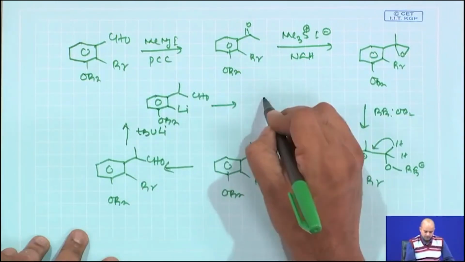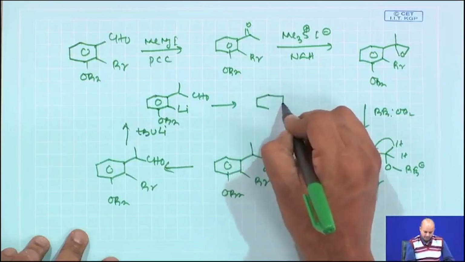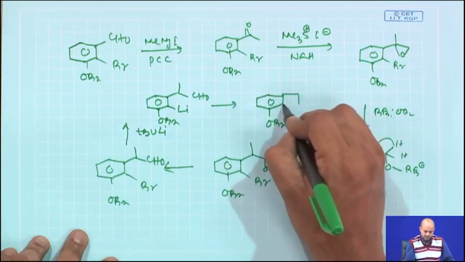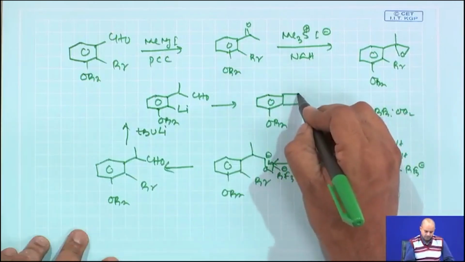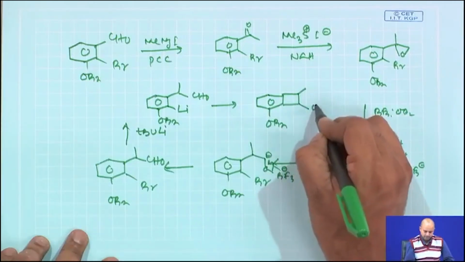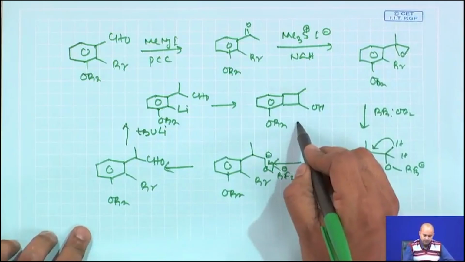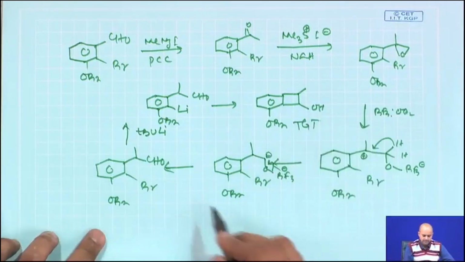It will immediately undergo intramolecular nucleophilic reaction with the aldehyde, and then basically you get this cyclobutane derivative, benzocyclobutane derivative. So, by this way your target molecule can be easily achieved.